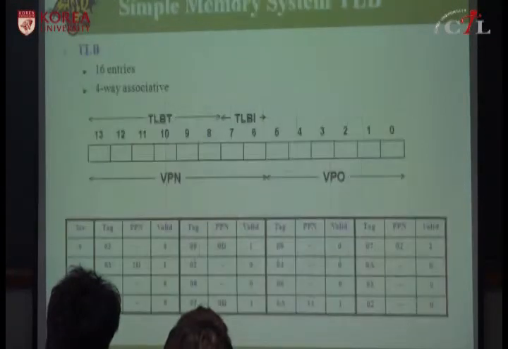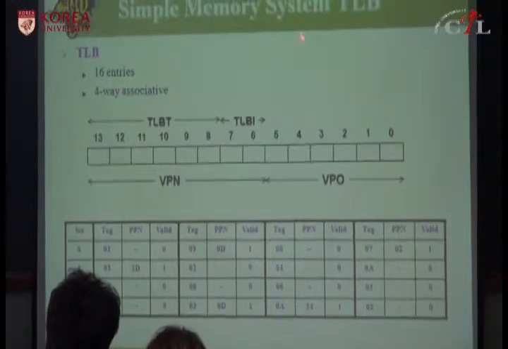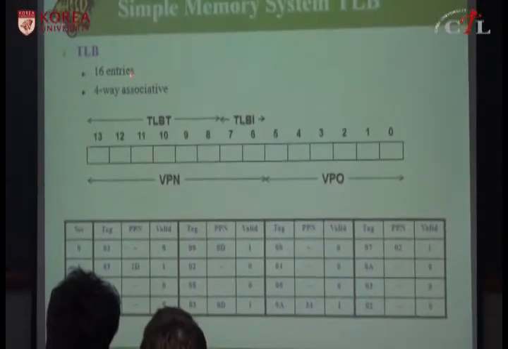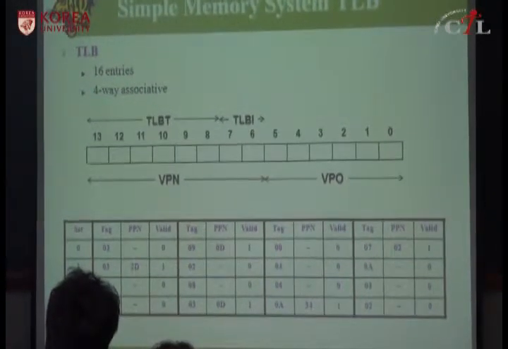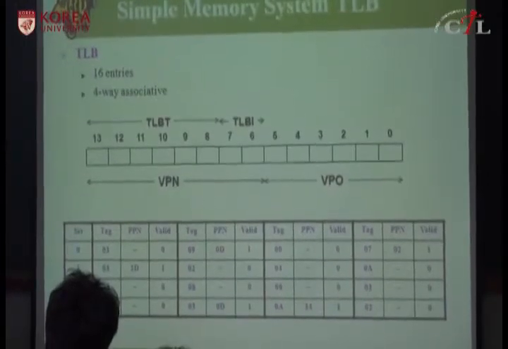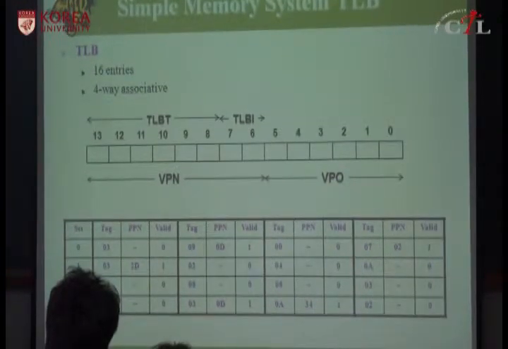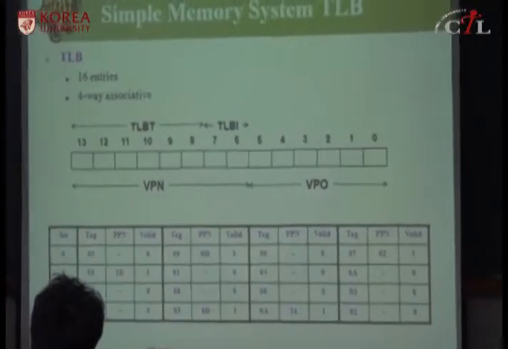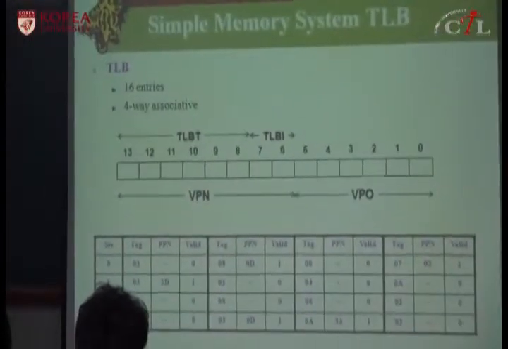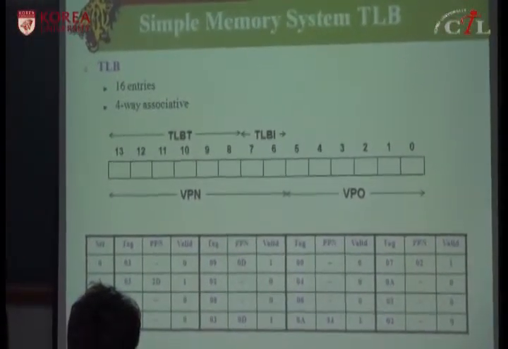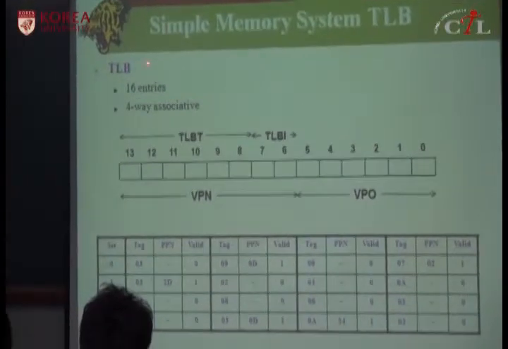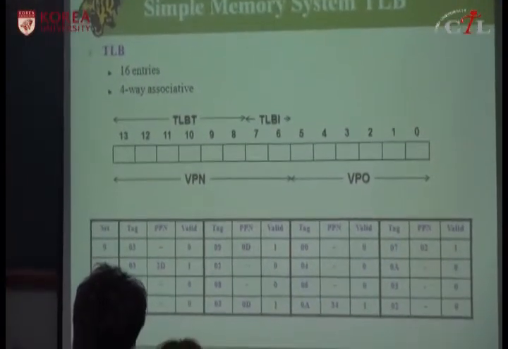Okay? And assume this kind of simple TLB. This is 16 entry, 4-way associative. So 4-way means you have 4 banks. Each bank you have 4 entries. Okay? How many sets do you have?